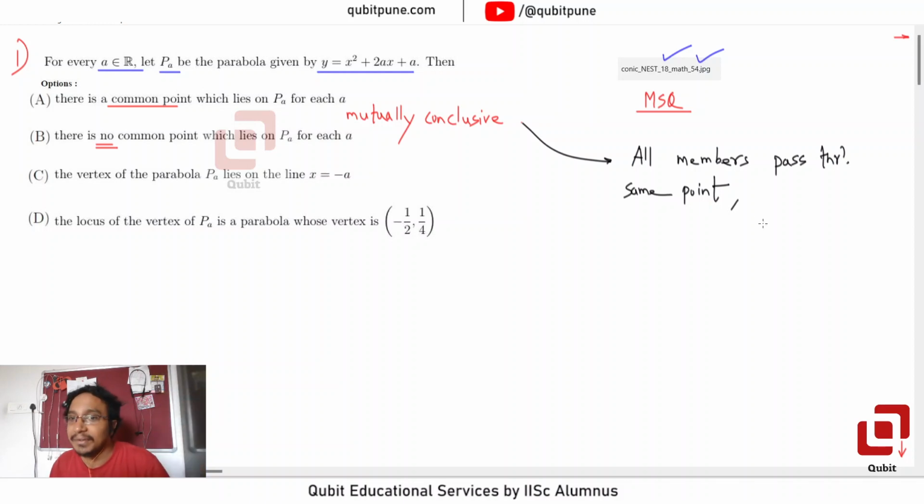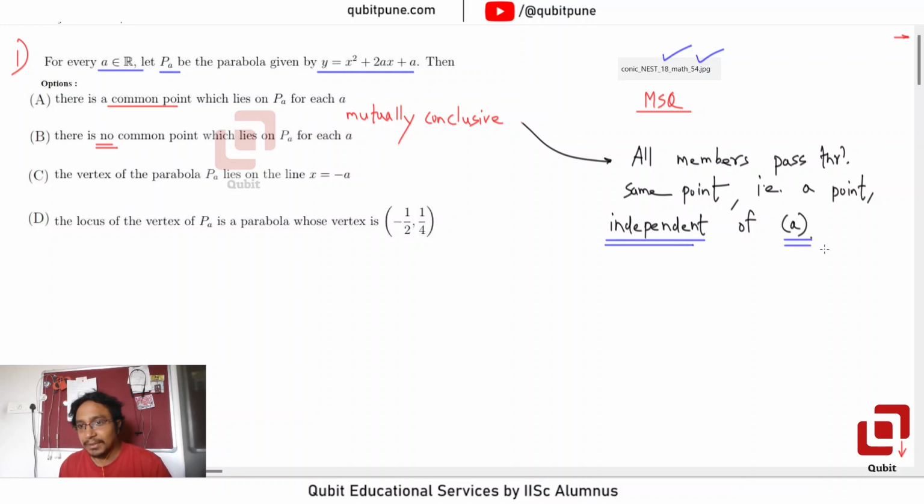That is a point independent of a. Is that clear? If they are saying there is a common point, that common point's coordinates must be independent of the value of a. Have you understood that point? As in, we don't know whether it is right or wrong, we are just extending what option A is telling us.